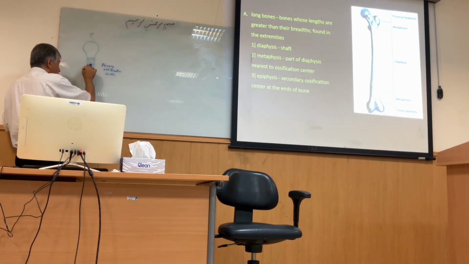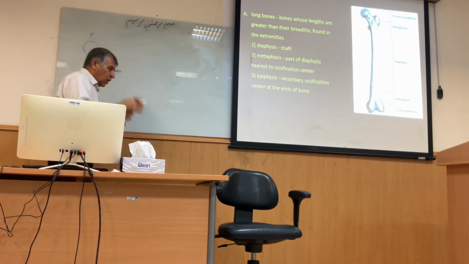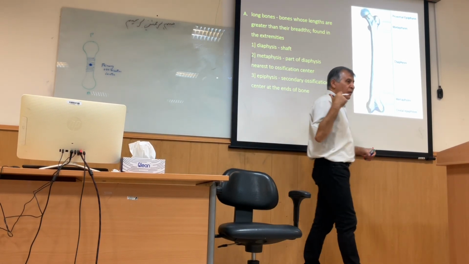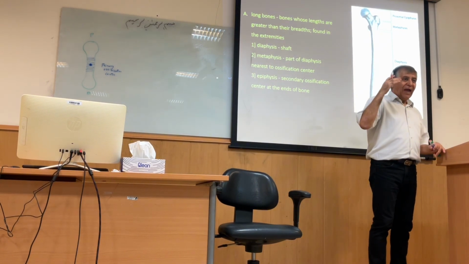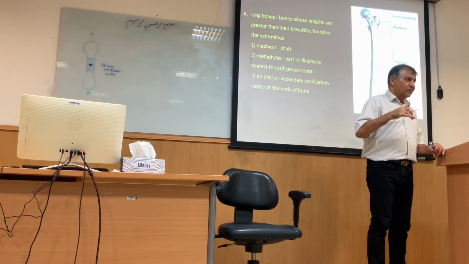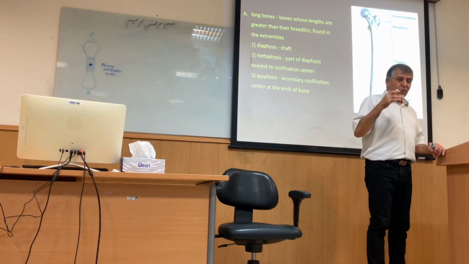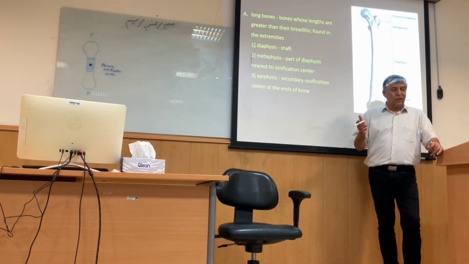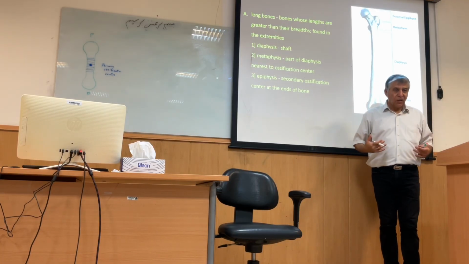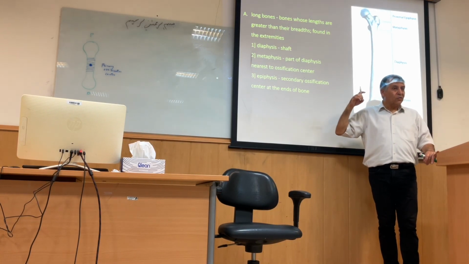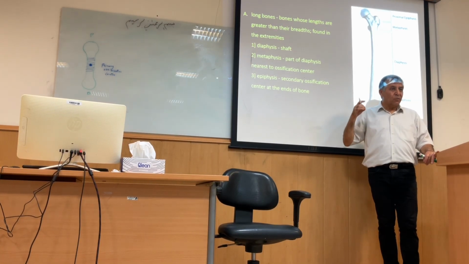All primary ossification centers appear in the diaphysis, and the time of appearance is before birth. For this reason, when we are born, the diaphysis of all long bones is ossified, it is bone.